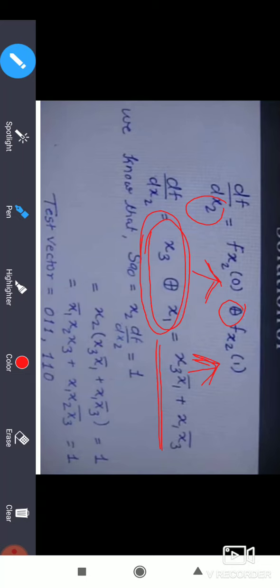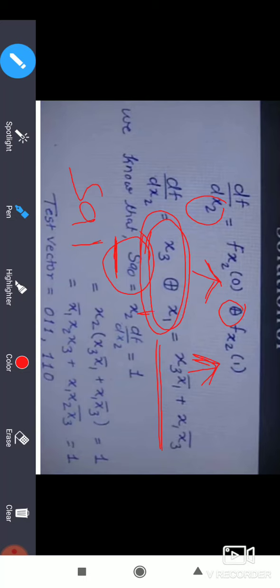Now here, stuck at 0: detecting the test vectors only for stuck at 0, so we will use x2. Suppose stuck at 1, here we would use x2 bar.